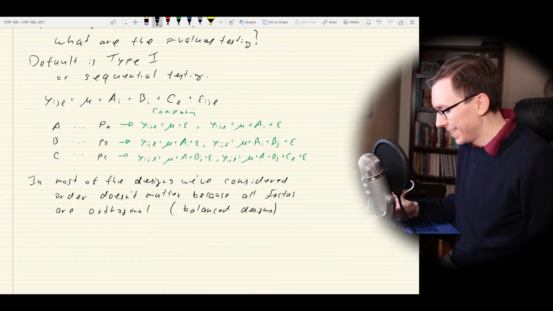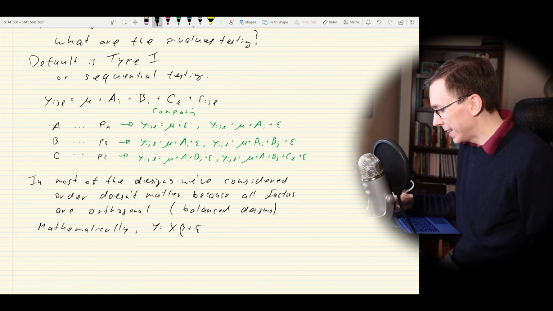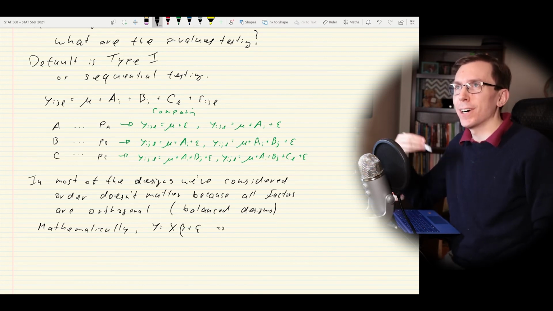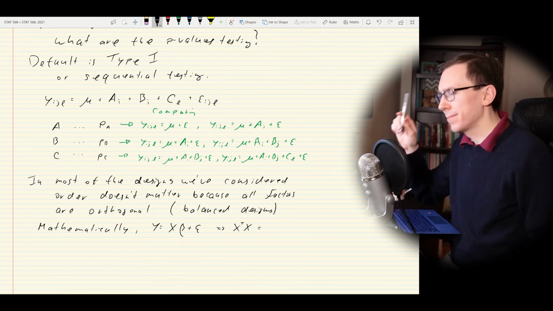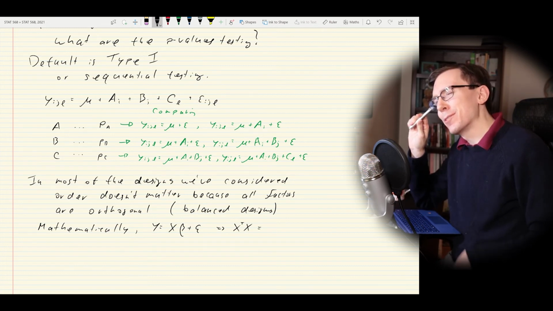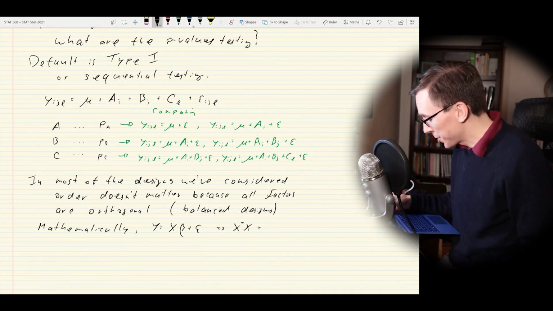So mathematically, if we were to consider a linear model, y is equal to X beta plus epsilon, what we're saying is that X basically has orthogonal columns to it. So X transpose X is just going to be a diagonal matrix.